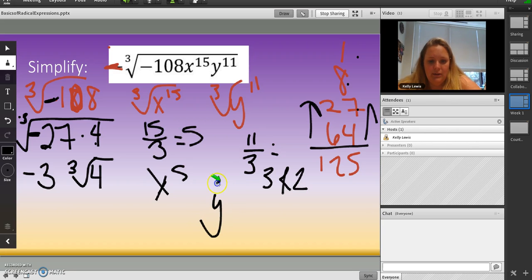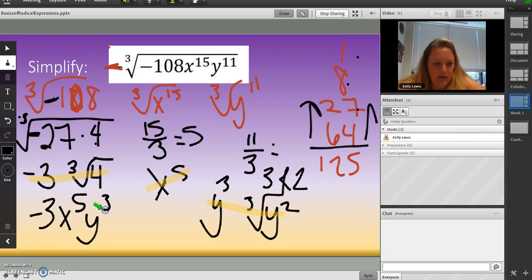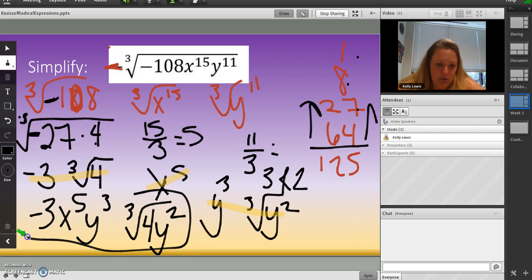So I'm going to get y to the 3rd with 2 left inside. All right, so I need to combine these guys. Negative 3, x to the 5, y to the 3, and then cubed root of 4y squared. Looks crazy. Put everything outside together, everything inside together. I'll see you in the next video.